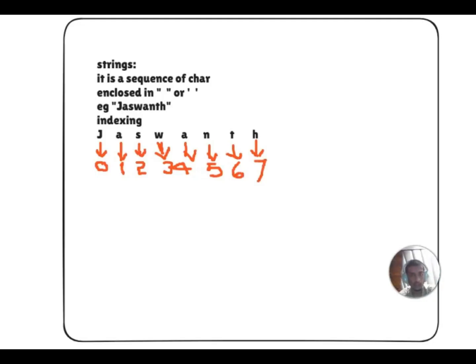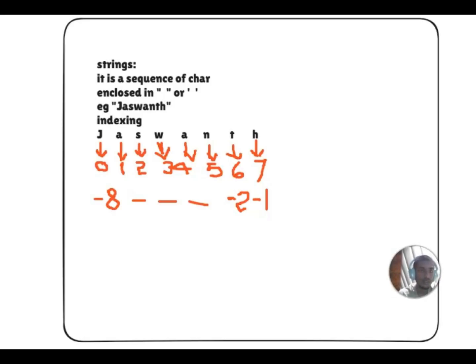Similarly, there is also a negative index, but we have to count from the ending to the starting. H is taken as -1, T is taken as -2, and so on, up to -8. J is taken as -8. These are known as indexing values.